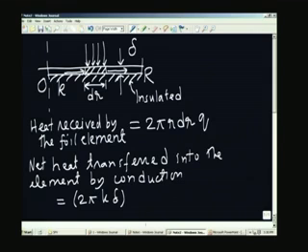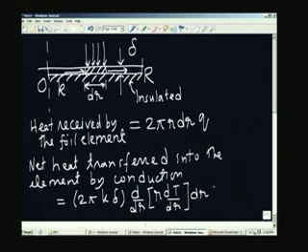I will explain the significance of each term: d by dr of r dT by dr, multiplied by dr. This dr comes from the Taylor expansion. This d by dr of r dT by dr is the net conduction flux, and r is coming inside because as the radius changes, the area also changes.